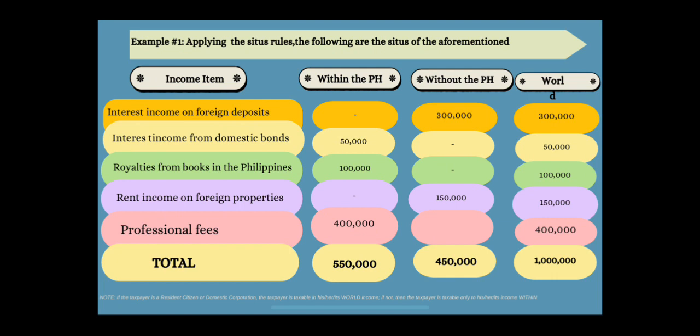This can help optimize tax obligations and ensure adherence to all relevant regulations. That's why rent income on foreign properties belongs to without the Philippines and the world income are both 150,000. And the last, professional fees.